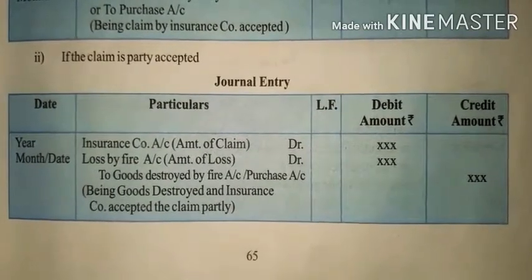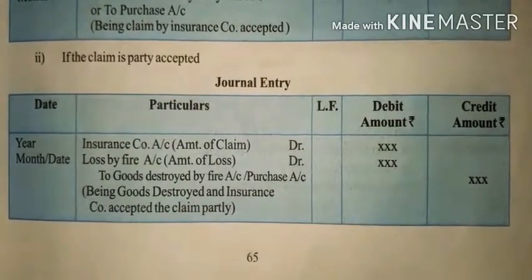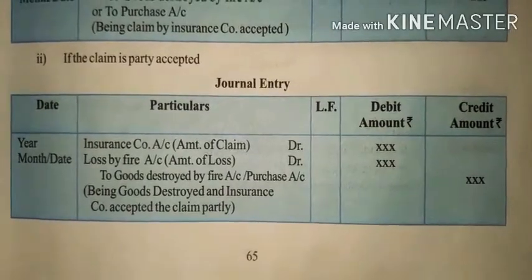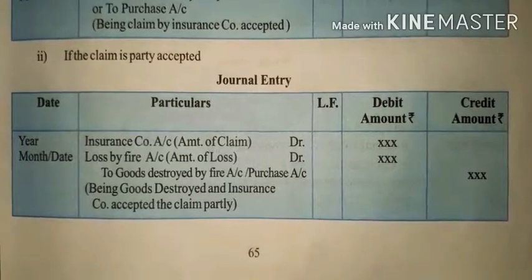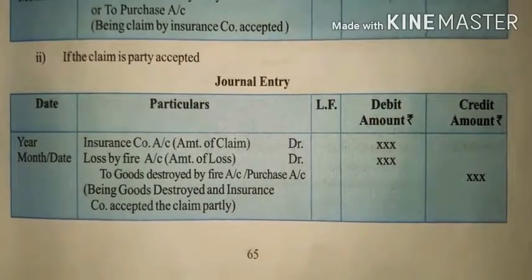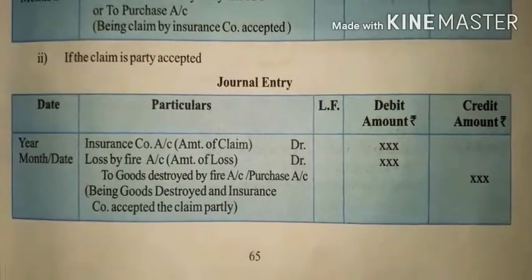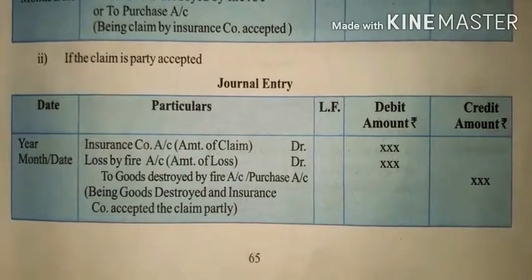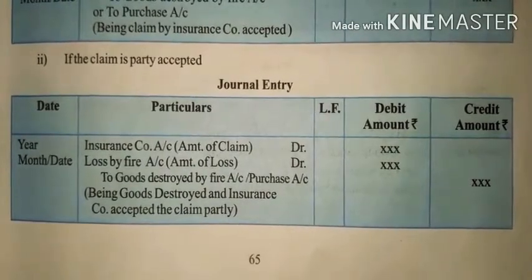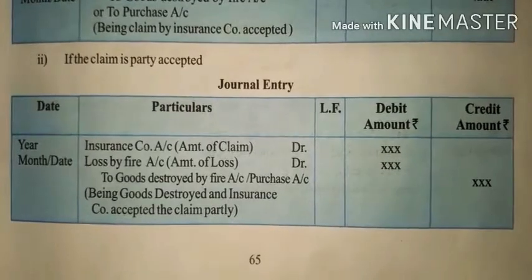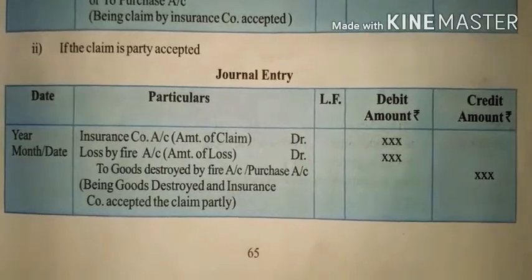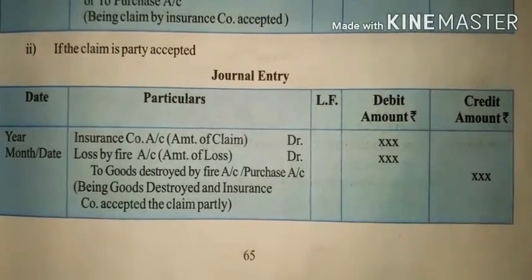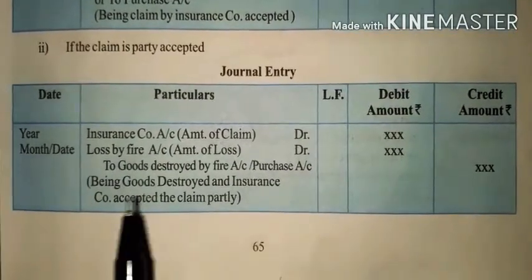Because you are requesting a partial claim from the insurance company and the insurance company has accepted that amount of claim partly, so the insurance company is going to get the debit effect because it is a receiving party and it is an artificial account. Artificial account is a personal account. Debit the receiver, so the amount will appear in the debit column.